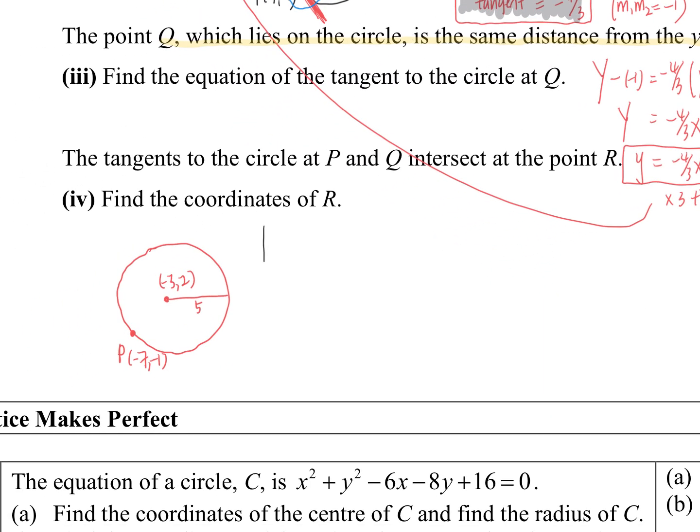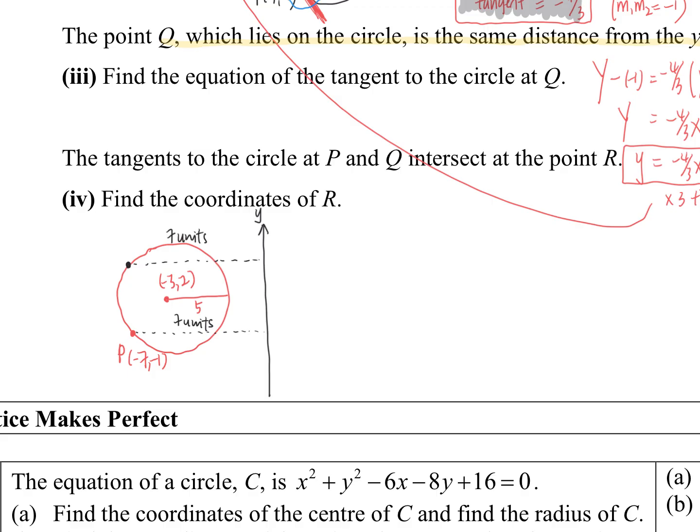So assuming that my y-axis is here, the distance from this point to my y-axis is 7 units away. So it's suggesting that I have another point Q on the circle that is 7 units away. So you just shift your ruler. You know that the other point should be somewhere here, which is also 7 units away.